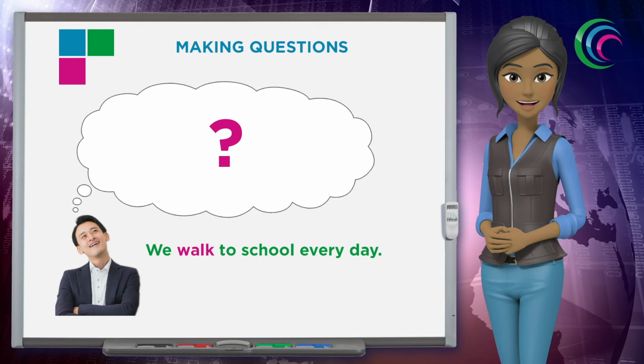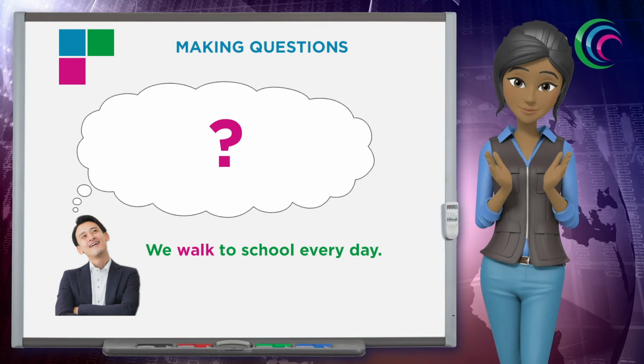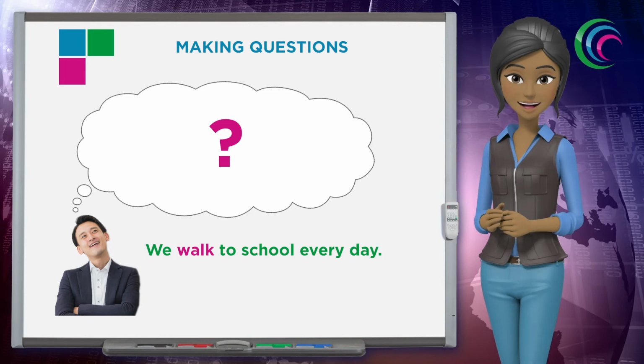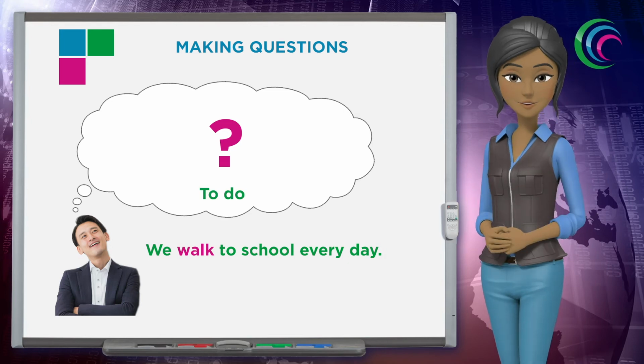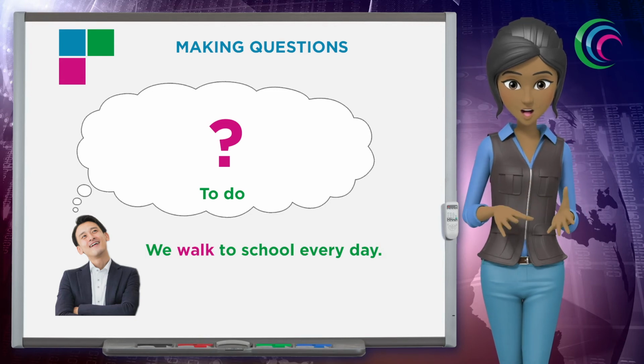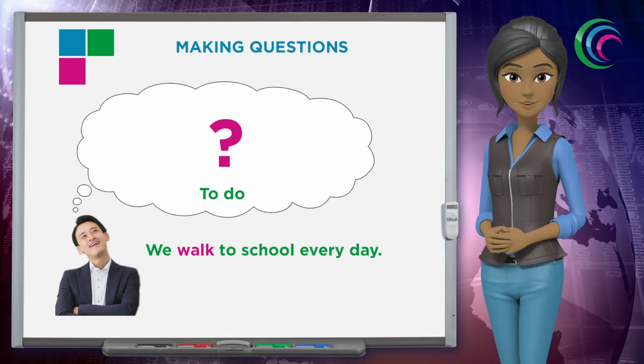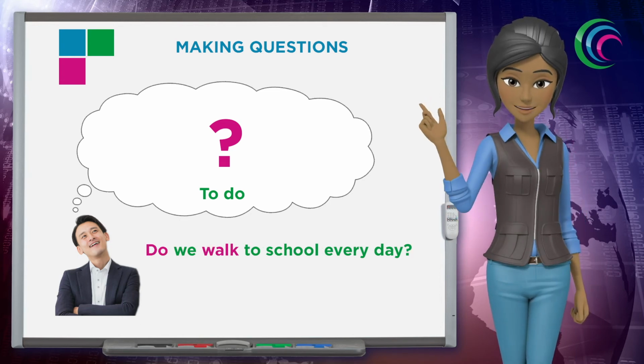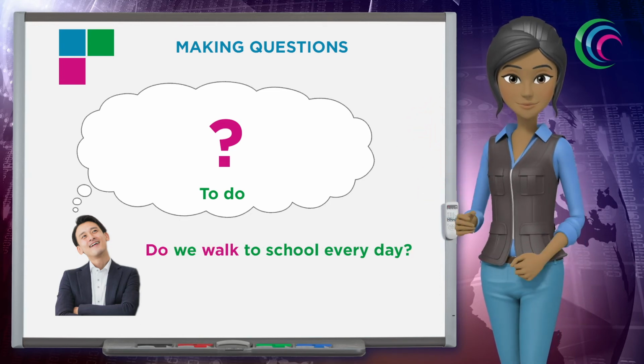This is very different from Dutch. The auxiliary to do is used a lot to create questions. Just add it to the beginning of the sentence. Do we walk to school every day?